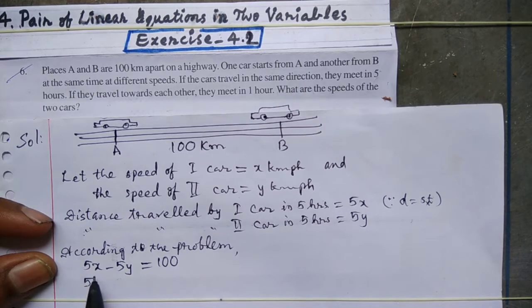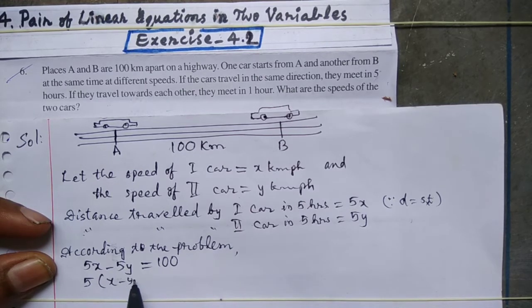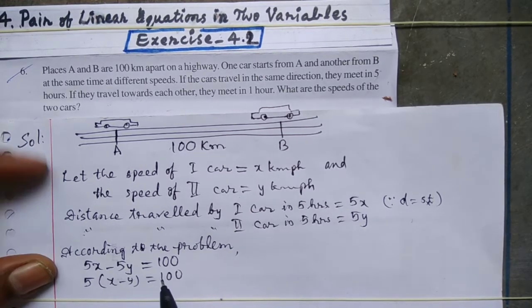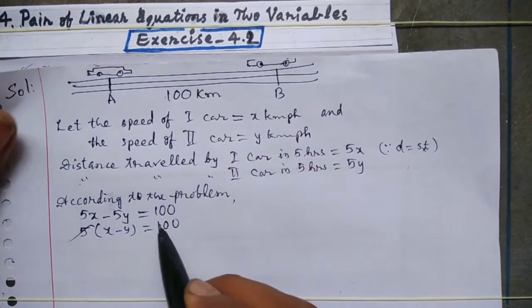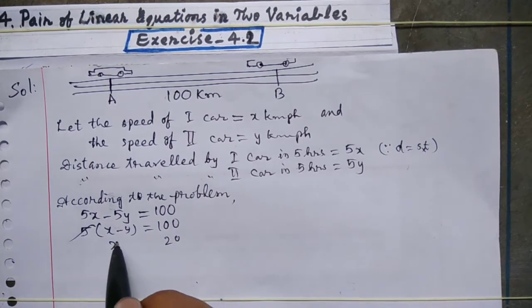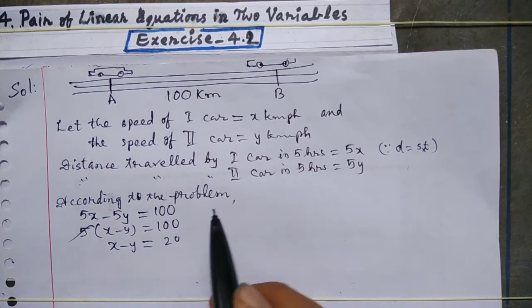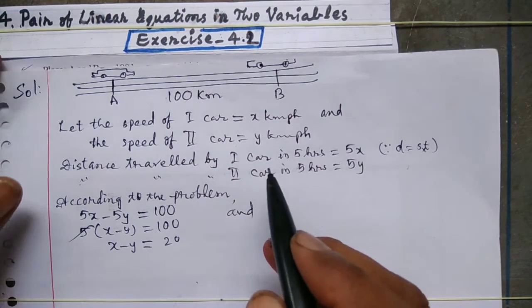If we take 5 as common, x minus y is equal to 100 by 5, which is 20. So x minus y is equal to 20.